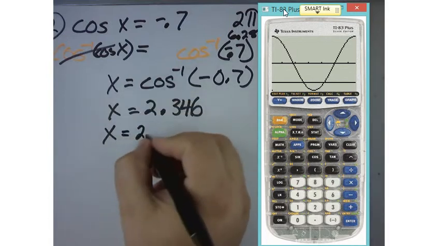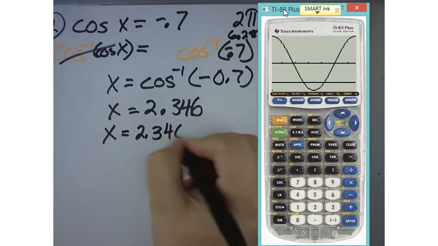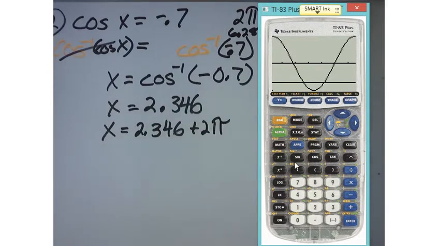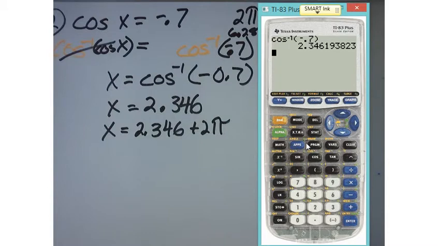Let's say 2.346 plus 2 pi. So I'm just going to add 2 pi to this. Well, that certainly fits, doesn't it?